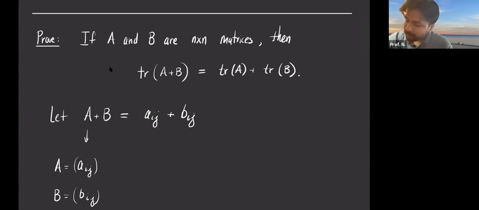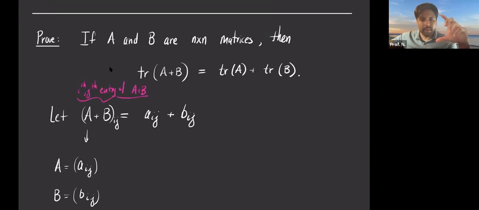So let me just say this: the ijth entry of the sum A plus B is given by this notation, (A plus B) sub ij, right?